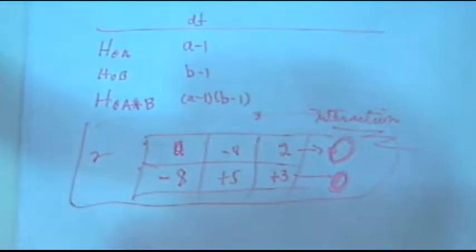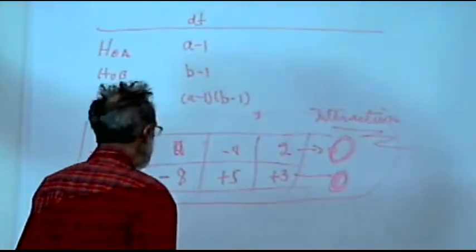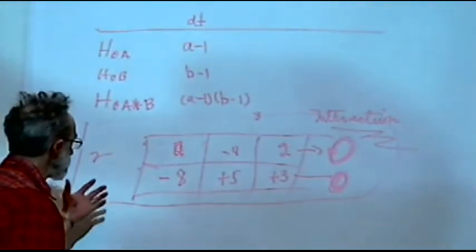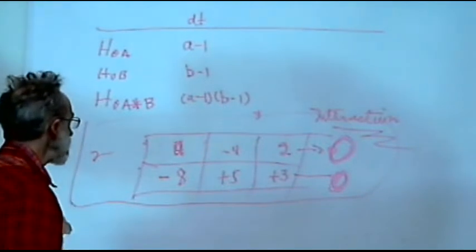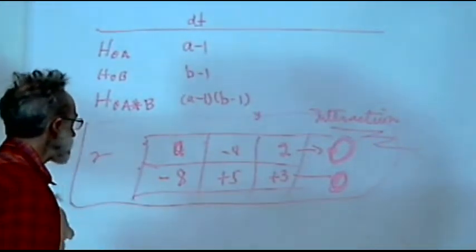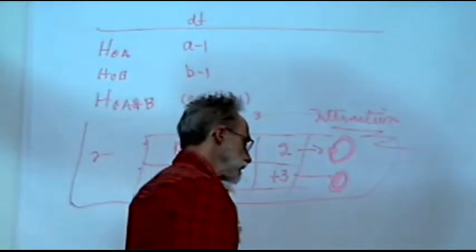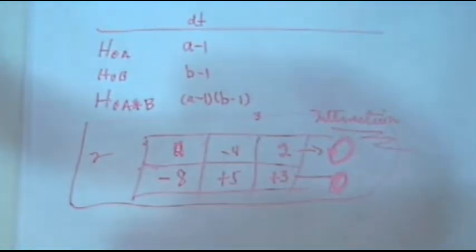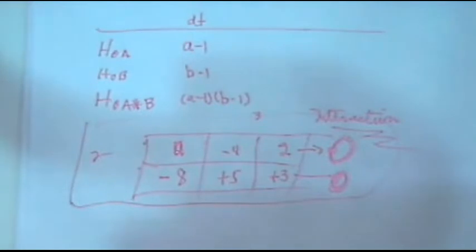So if you have interaction, people will argue, why do you want to test for main effects? And some people test anyways, they test like an average main effect. But you can have situations like this, okay? H naught A is true, but there's definitely interaction. So you have to be careful.